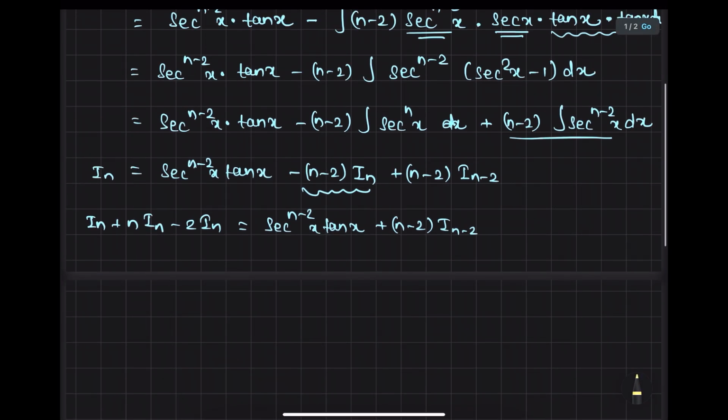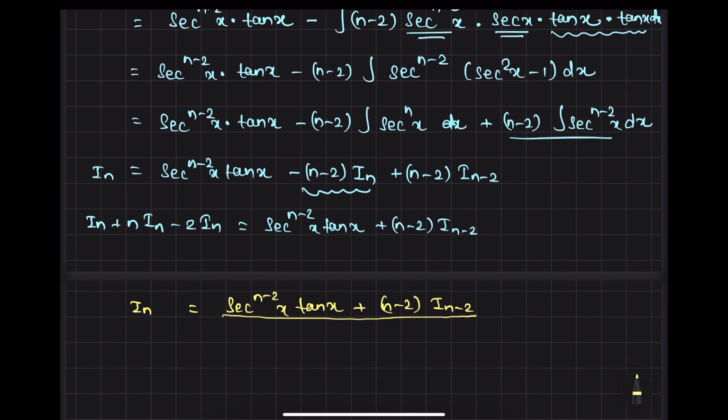We can take In common, and we will have In equal to sec power n minus 2 x tan x plus n minus 2 I n minus 2, upon, look very carefully, you will have n minus 1 in the denominator. Correct?